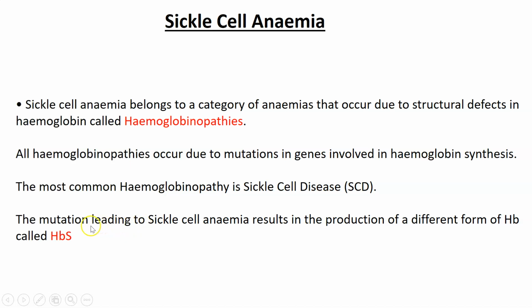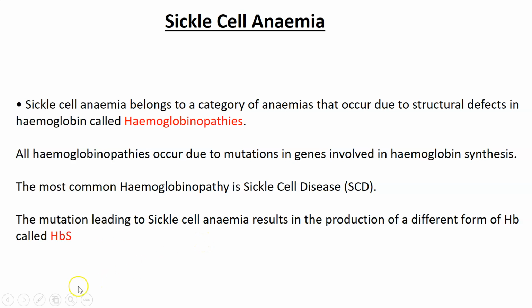The mutation that leads to sickle cell is what we call a point mutation. It's the changing of one single nucleotide, and by changing one single nucleotide, you're changing the outcome of which amino acid is produced.